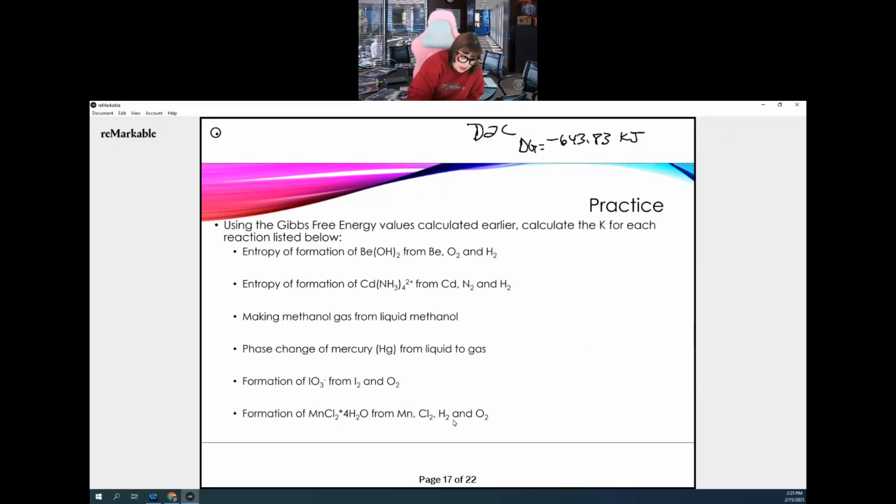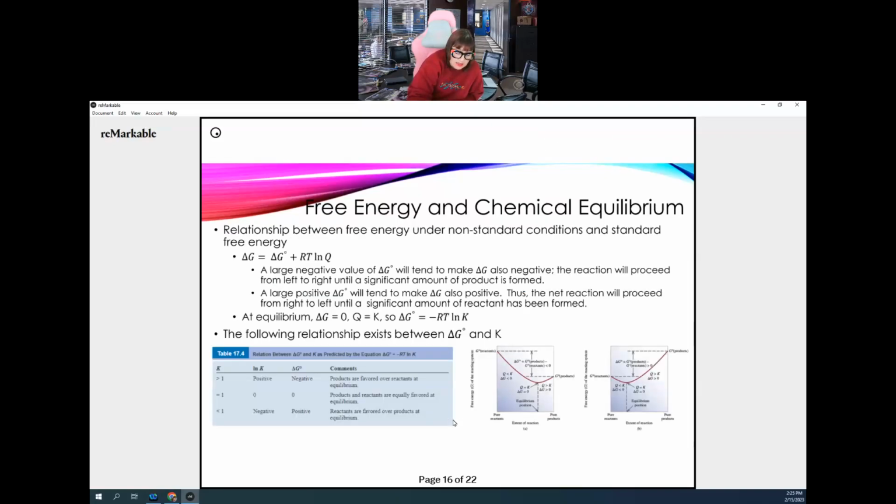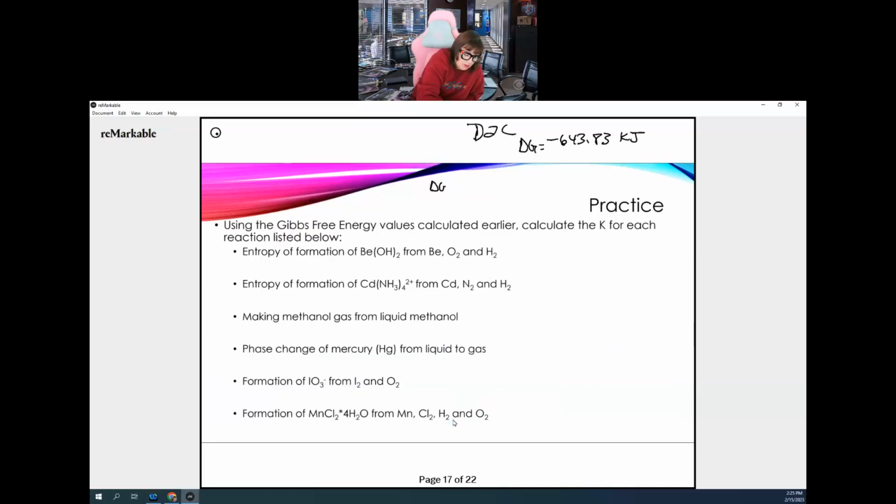Now remember that equation, which will be on the test, delta G naught is equal to minus RT ln of K. This one that we calculated was for 45 degrees C, which is 318.15 Kelvin. That's the value we used for temperature.